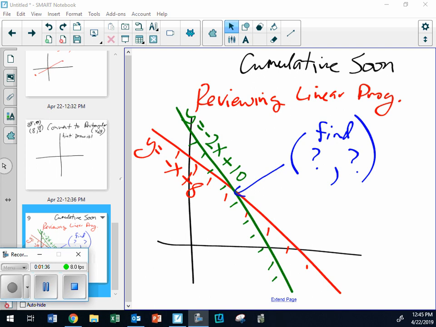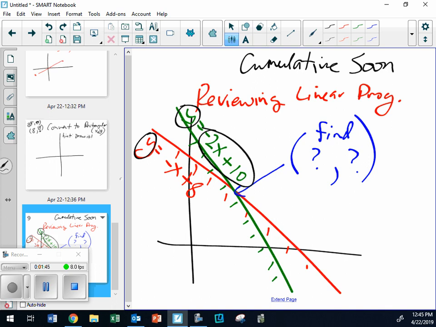Okay, so the algebra way. Since they're both y equals, that is equal to y. So I see a y right there, so I can put it there. And I can say negative 2x plus 10 must equal negative x plus 8. Now, there is a smart way to do this and a not so smart way to do this.